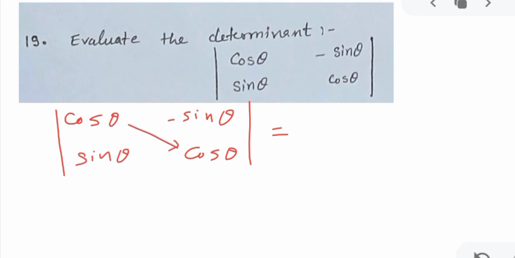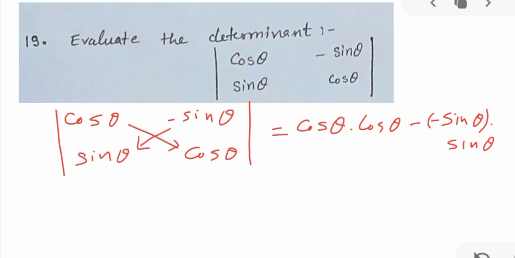Like this: cos theta into cos theta, correct? So cos theta into cos theta, and then minus, we multiply these two, which means minus sin theta into sin theta.